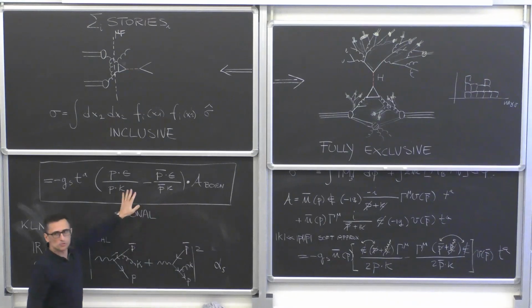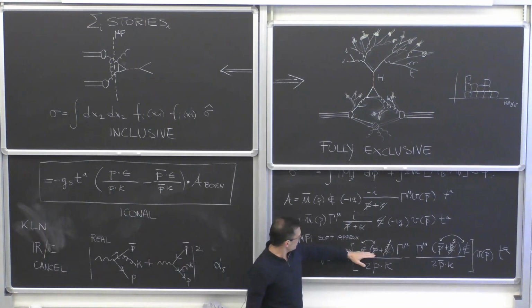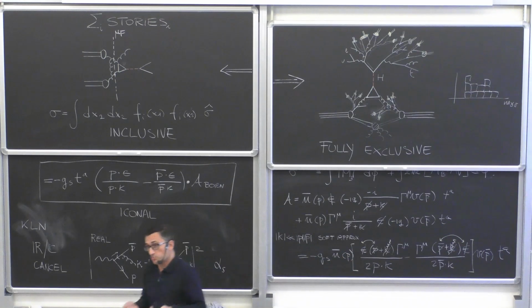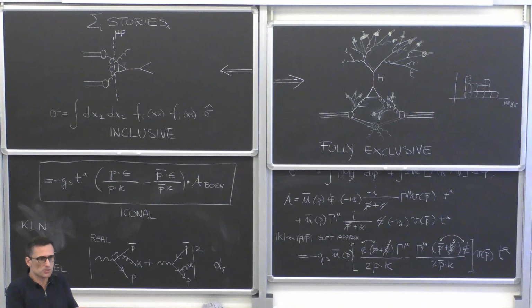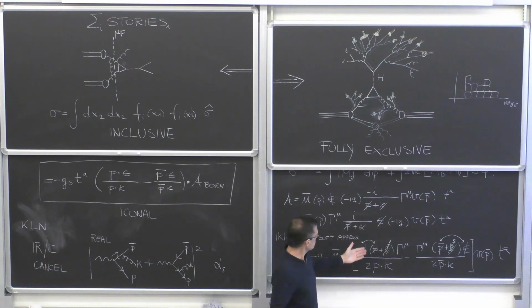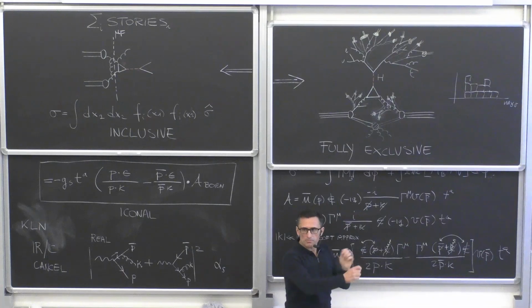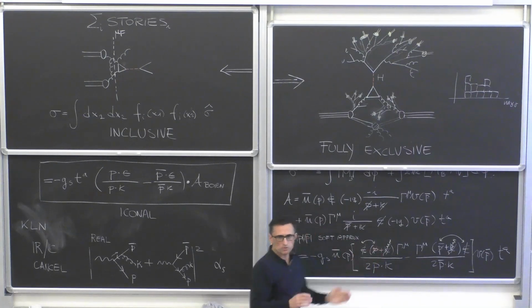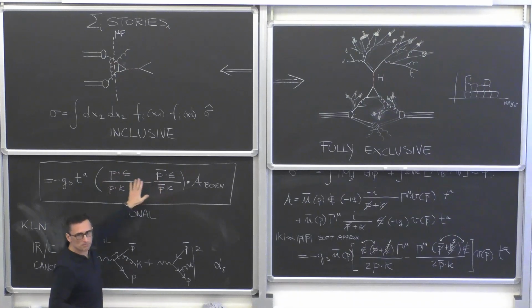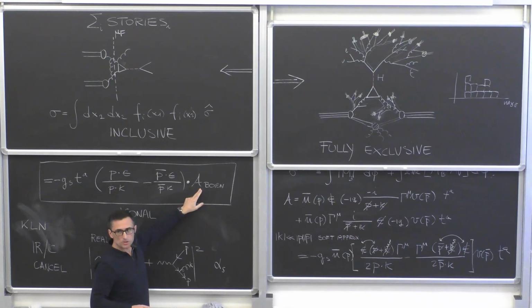The other thing that you notice is that here you have a string of gammas. Gamma reflects the spin information of the fermions. Here, the spin is somewhat all mixed up because you have a trace of that. In this term, there are no gammas. The only gammas are in the Born term.